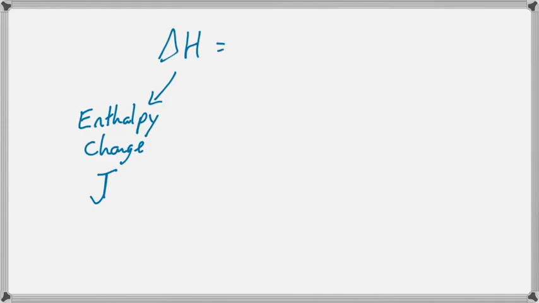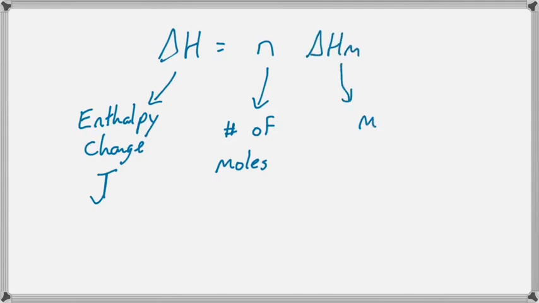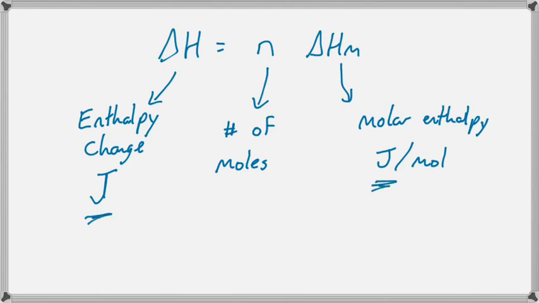And then we have N, which is number of moles, and delta HM, which is our molar enthalpy, in joules per mole or kilojoules per mole. And just like before, remember that these units have to be the same, otherwise in your math they're not going to cancel out and it may cause you some problems.